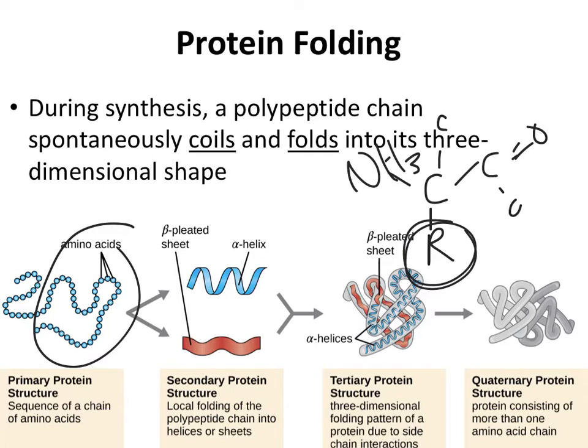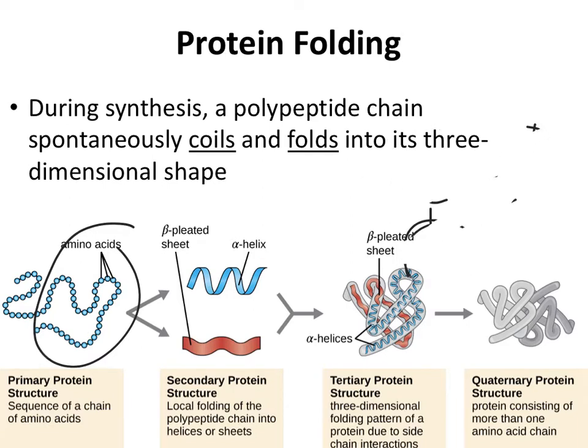And whatever is happening in that R group is going to determine how the tertiary folding occurs. So for example, let's say this end is positive and this end is negative. Well, then it makes sense that they're next to each other because they're folding in.